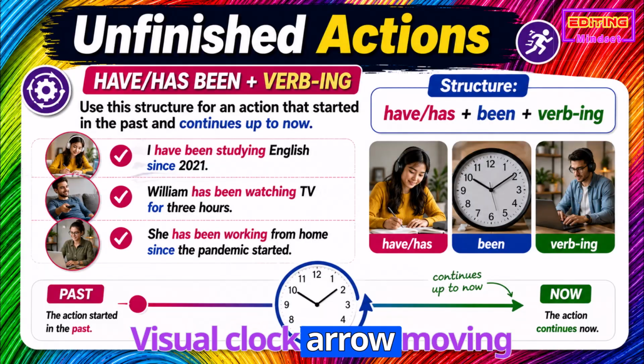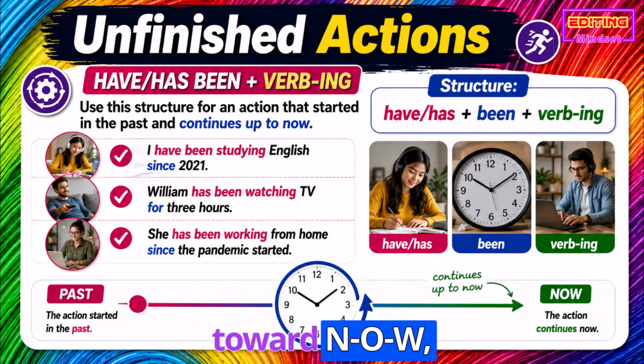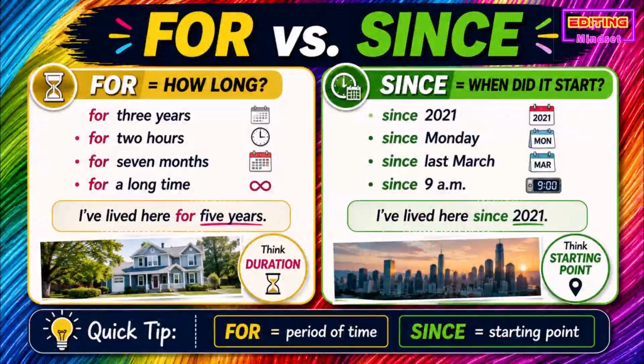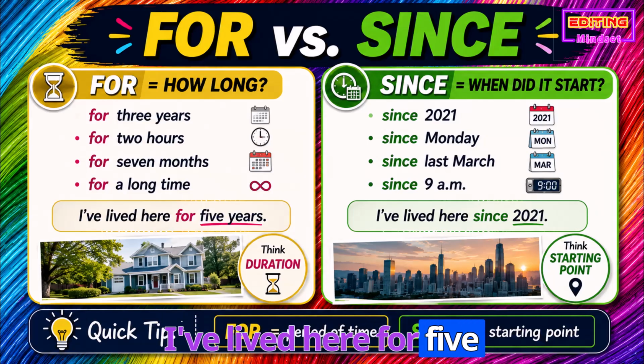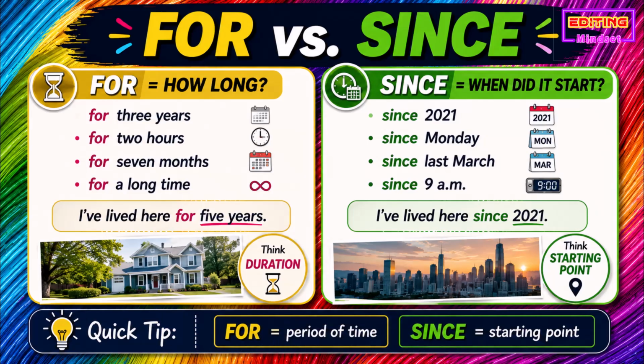Visual: clock arrow moving toward NOW. For 3 years. For 2 hours. For 7 months. For a long time. I've lived here for 5 years. Since 2021. Since Monday.